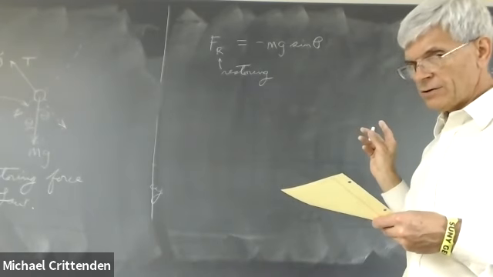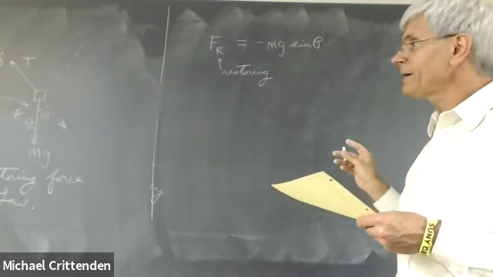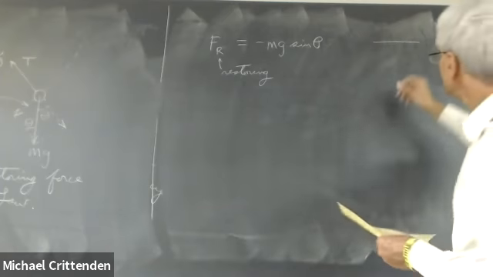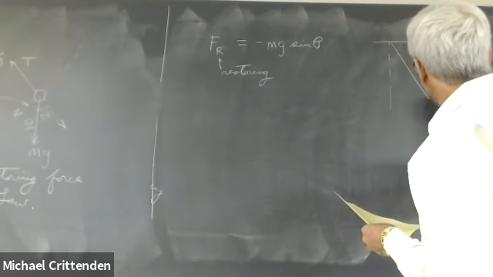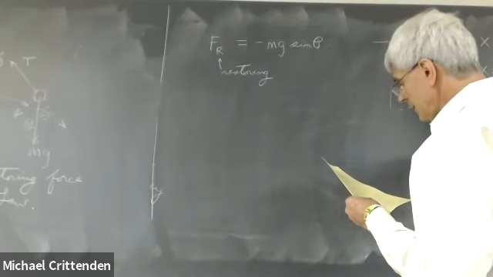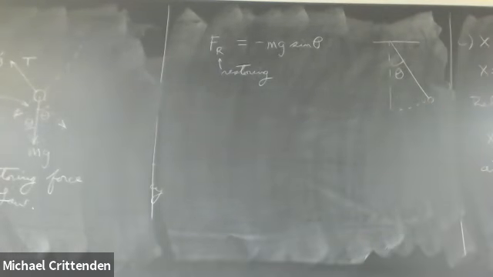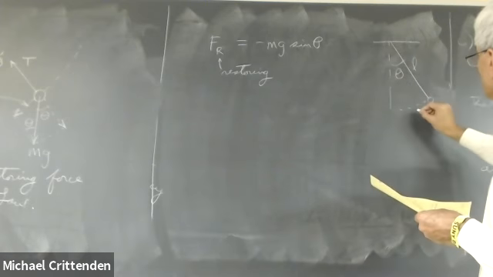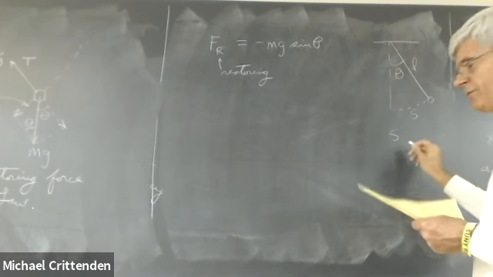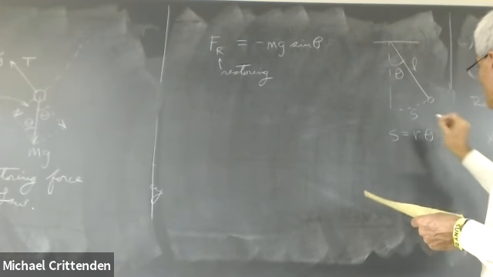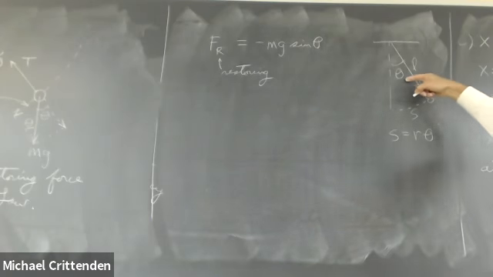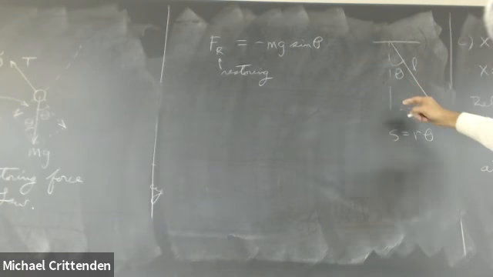So to get it in terms of distance instead of an angle, from the picture on the handout, it looked like this. That's theta, and I called the length of the string L for length, and this is S. Remember from, I believe, section 7, arc length is related to the angle it subtends by S equals R theta.